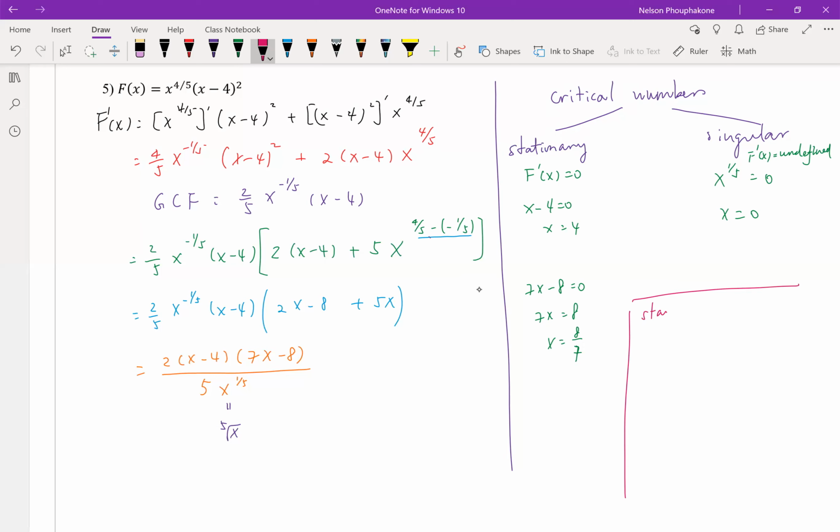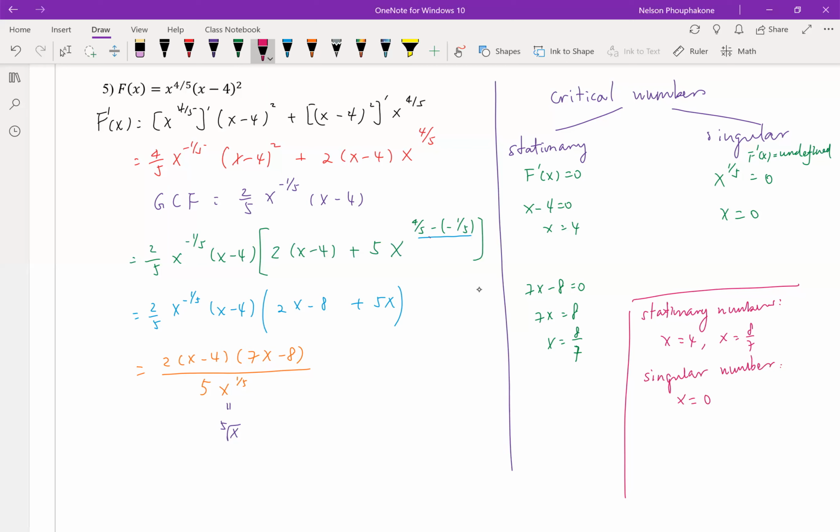We will have stationary numbers x equal to 4 and x equal to 8/7. We will have a singular number x equal to 0.